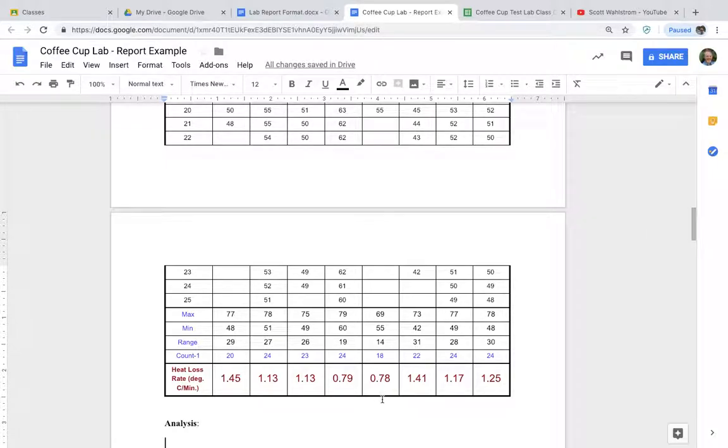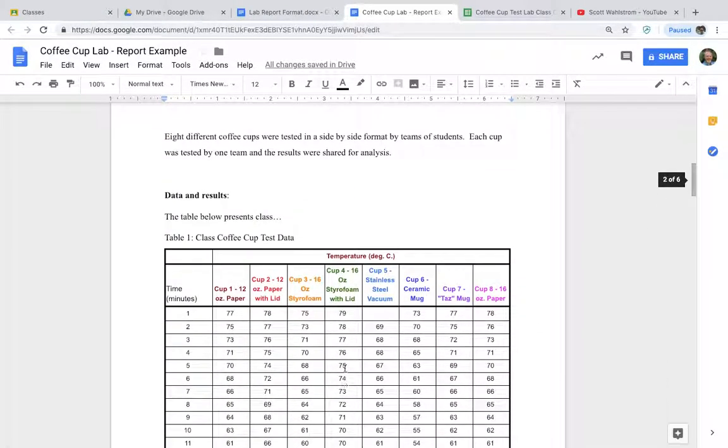So in analysis, you should discuss the results and identify the strengths and weaknesses of your best cup and your worst cup. And I think something that's highly important here is to talk about why some cups perform better than others. Right next to that stainless steel cup at 0.79 is a standard styrofoam cup with a lid, a very inexpensive disposable solution that keeps heat in for a very low cost.